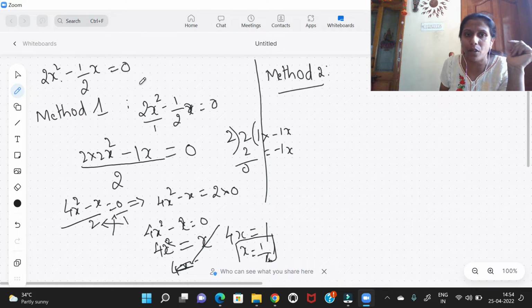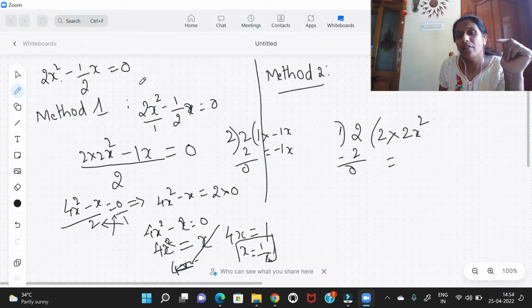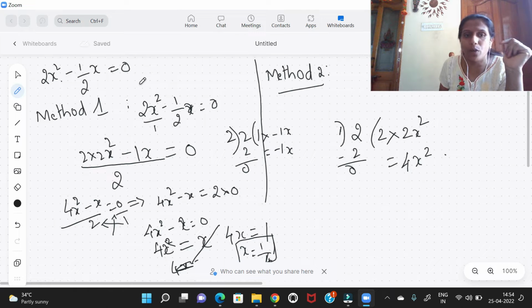Okay, I am taking you here. The first denominator was 1. I am dividing 2, what I got as the LCM, by 1. Next, 1 into 2 is 2, into whatever is the numerator, I am multiplying that, which is equal to 4x square, and this is what I have put there, 2 into 2x square.